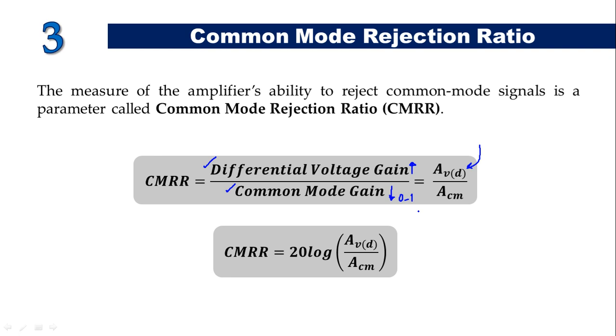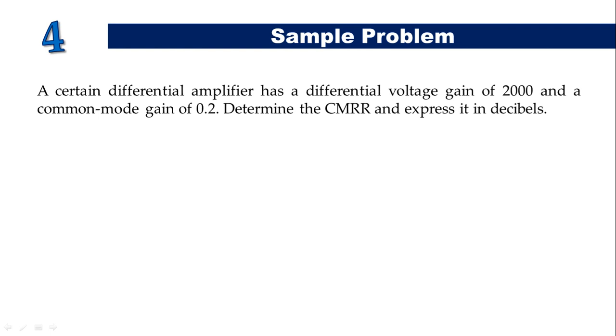So, yung CMRR, it is often expressed in decibels. So, itong first formula natin, ratio lang yan. So, kailangan kunin pa natin yung 20 logarithm of this value para ma-express natin yung CMRR in decibels. Alright? So, pakitandaan yung formula na yan because we are going to use that in the next example. Sample problem.